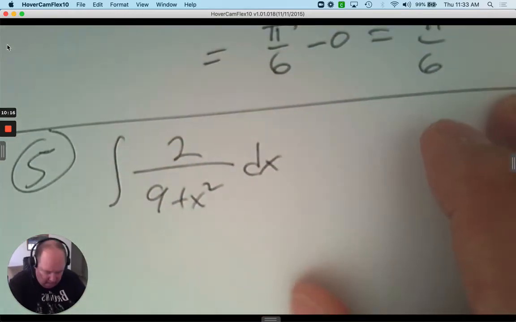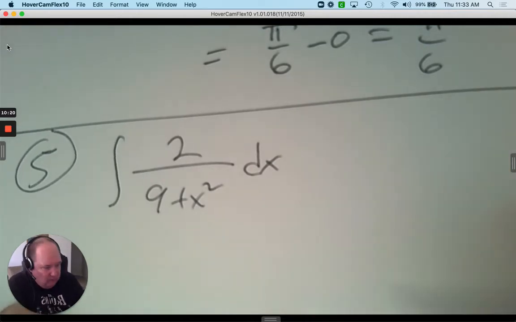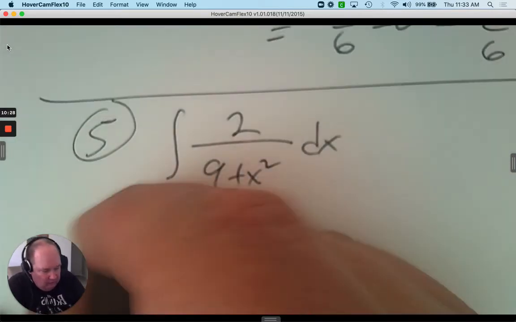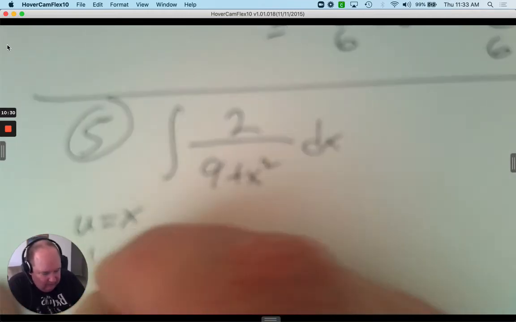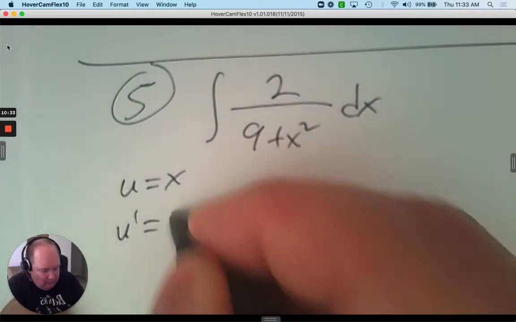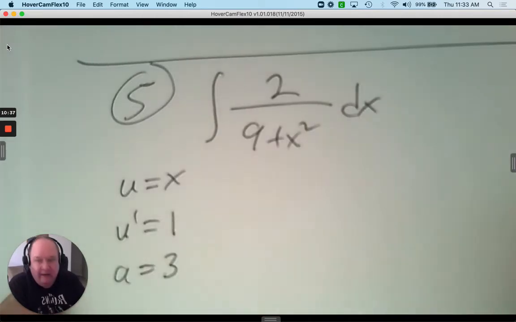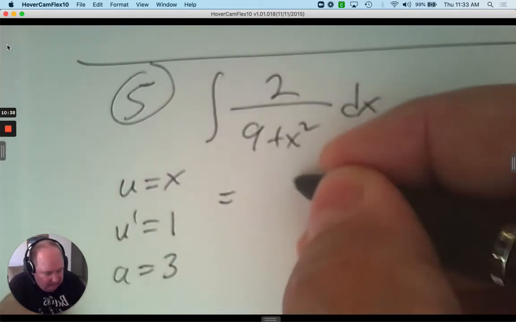So is this a logarithm or arctangent? The derivative of 9 plus x squared is 2x. That is not like terms with the numerator, not a logarithm. So u is x, the derivative of x is 1, and a is the square root of 9, which is 3.